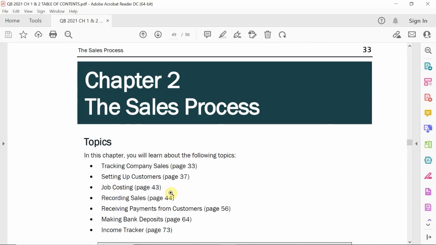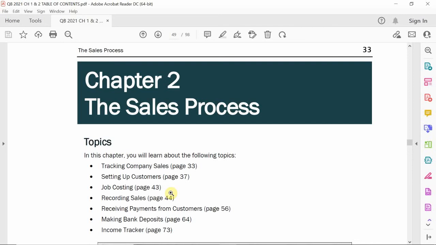The customers are actually going to be the biggest portion, because think about it. In any kind of business, what is your main goal? Your main goal is to make a profit. That means you need to sell your products. So that's why this whole entire section is going to expand between chapters 2, 3, and 13.